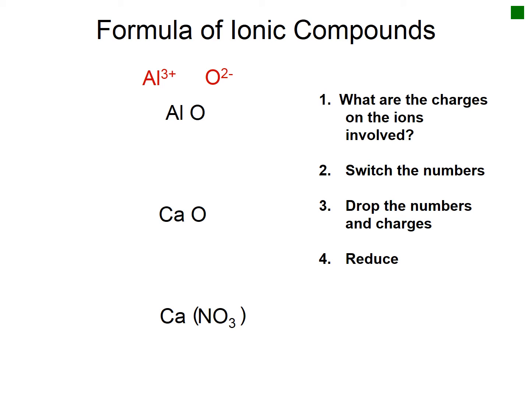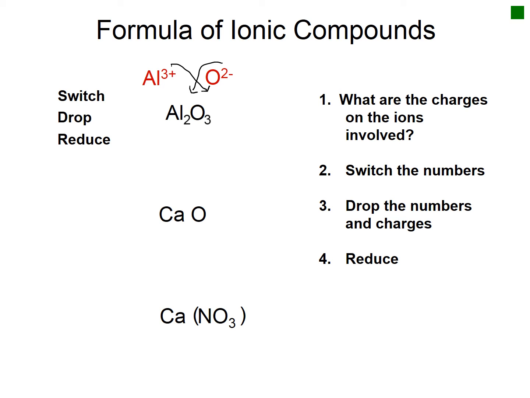If we switch the numbers, it's basically taking the 2 from your oxygen and putting it down here, and the 3 from the aluminum and putting it up here. Then we drop those numbers down, moving them to where they're subscripts, and then reduce. In this case, 2 and 3 are already reduced. We can't reduce them any smaller.